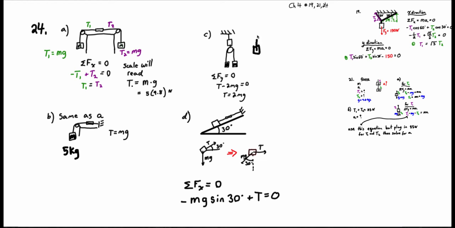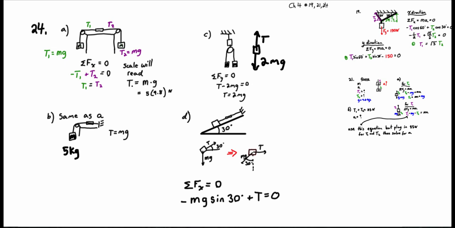So that's the spring scale. I have a positive T. And I have now 2 mg going down. So T minus 2 mg is equal to 0 because it's not moving. So my T is equal to 2 mg. So double what this would be.